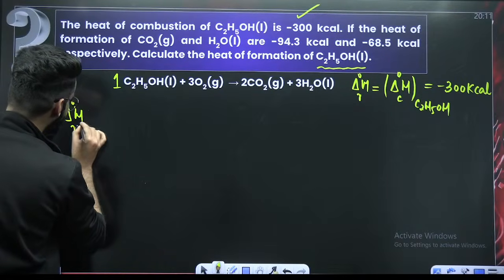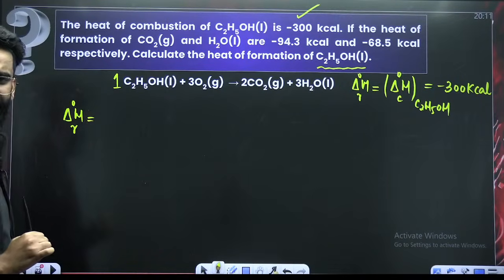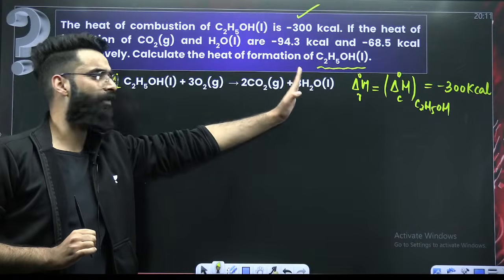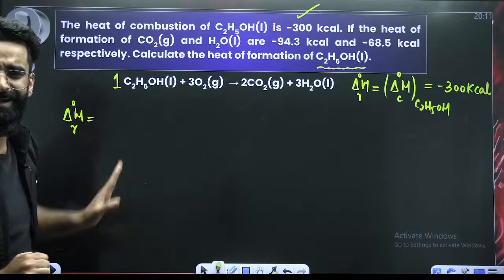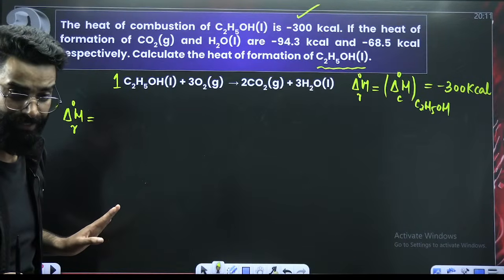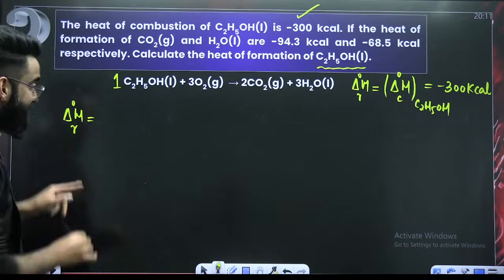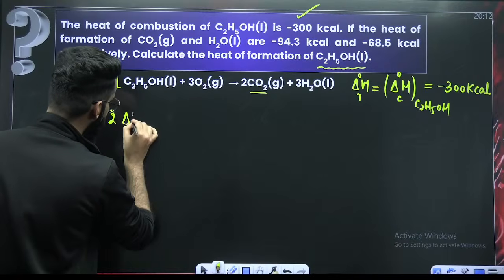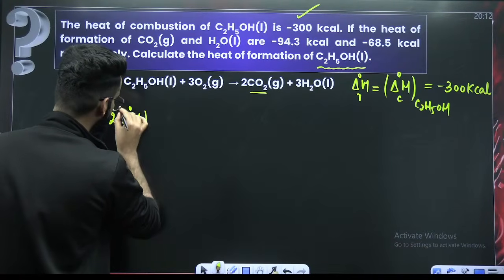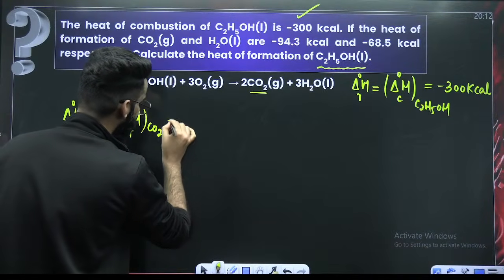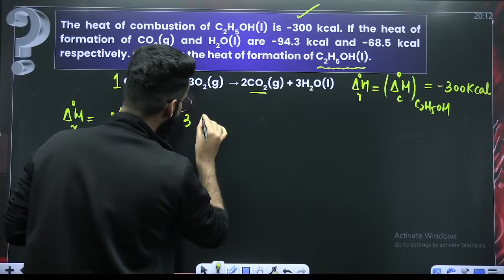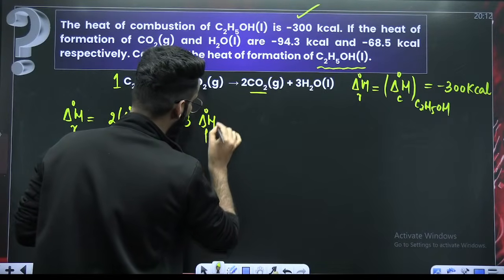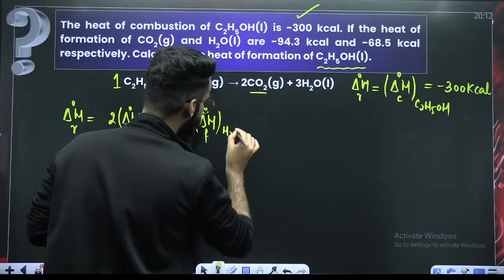Now, people, tell me one thing. Delta H naught R, standard enthalpy of reaction. Can I write it as standard enthalpy of formation of products minus standard enthalpy of formation of reactants? I can do that. Standard enthalpy of formation of products: it is 2 times the standard enthalpy of formation of carbon dioxide plus 3 times the standard enthalpy of formation of water.